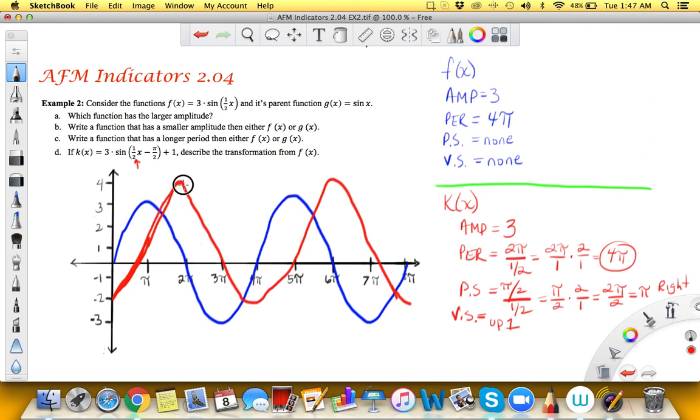Alright, this graph is a little sloppy, but you can see the shift in the graph. And that would be part D. So when it says describe the transformation, we saw what transformation it was going to make over here. The vertical shift, it's going to shift up once, and it's going to shift to the right pi units. So that is example 2, part D, with the advanced functions and modeling indicators.